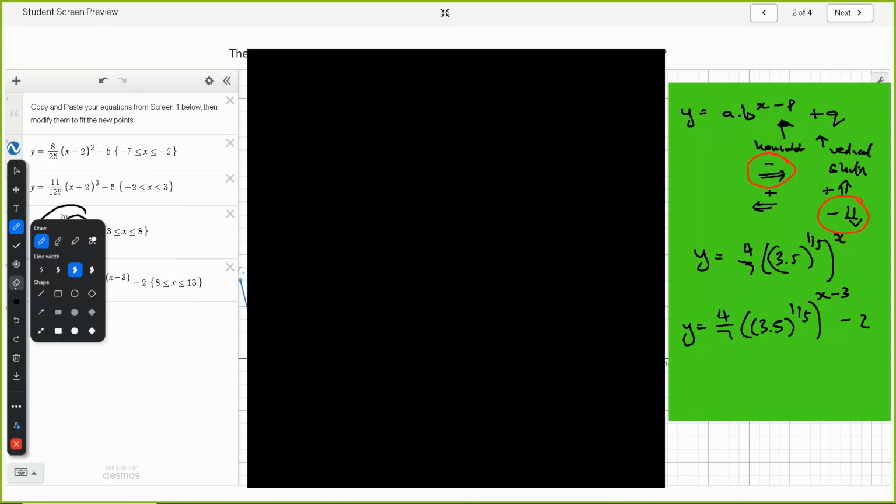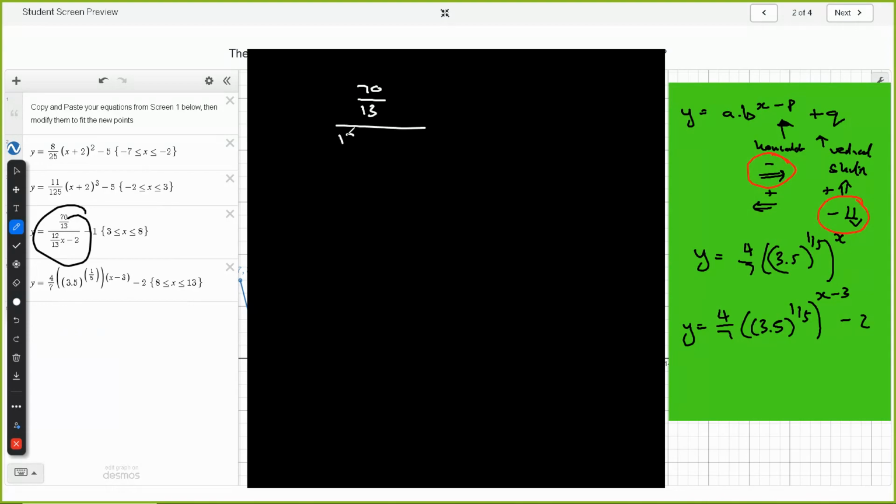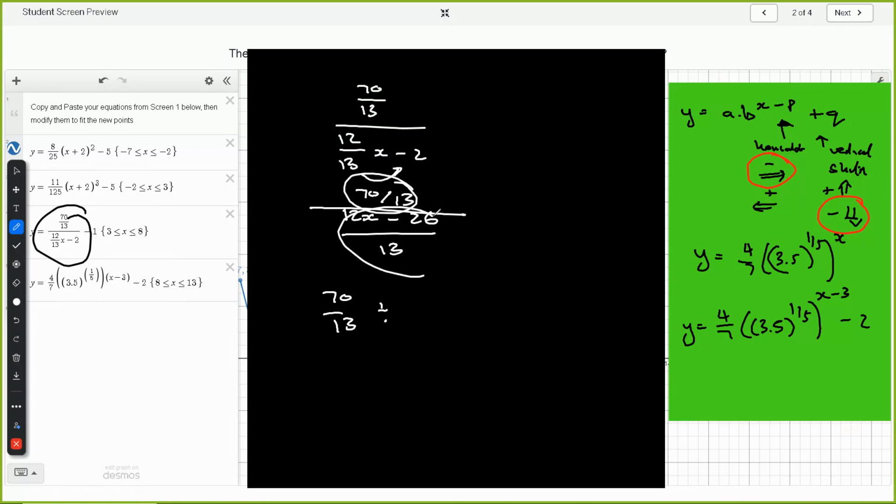Here we go. So I've got 70 over 13 divided by 12 over 13 x minus 2. Quickly work this out. 13 times 2 is 26. Denominator first. All over 13. All divided under 70 over 13. I'm going to bring this to the left. And I'm going to divide it by the bottom.